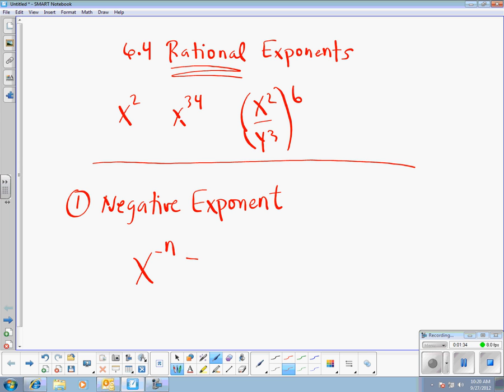But what that negative does is it moves the power to the bottom. So x to the negative n is the same as 1 over x to the positive n. So for example, x to the negative 2 is the same as 1 over x squared.